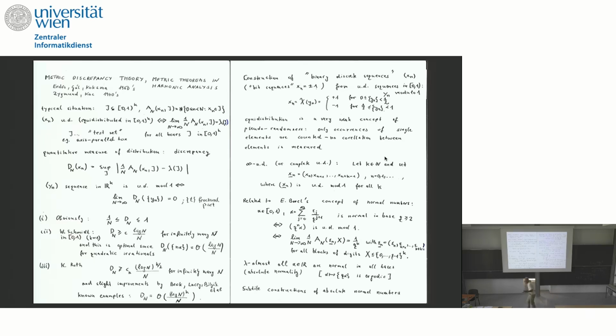And clearly, you can construct a discrete sequence from a modulo 1 sequence of numbers just by looking, for instance, which is the most simple way to do this, if the elements of the sequence lie in the left side of the interval or in the right side, you write +1 or -1, and you get the ±1 sequence in this way.